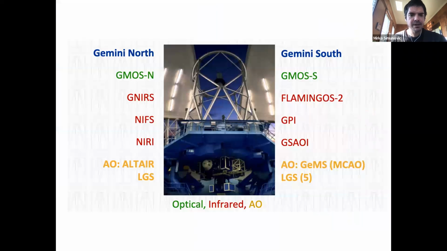So between Gemini North and Gemini South, there are many different types of instruments. Each instrument is optimized for a different type of observation, different wavelength, and the color that you see here, whether green or red, is showing whether the instrument is optimized for the optical or for the infrared. And some instruments are using a technology known as adaptive optics, which I will explain briefly later.